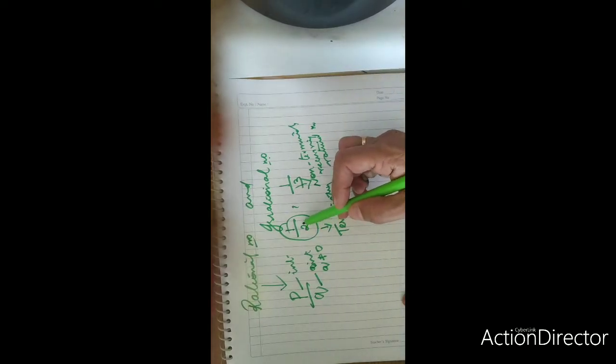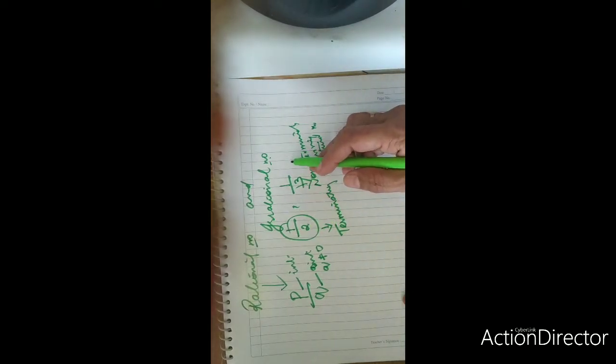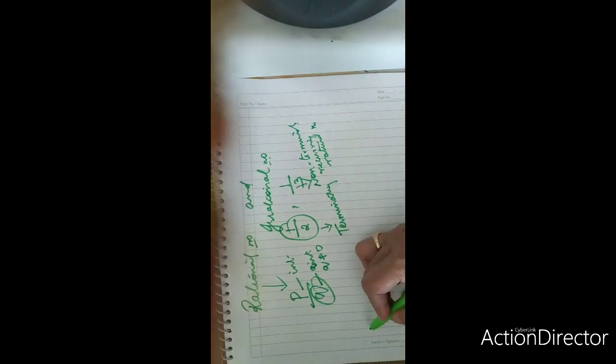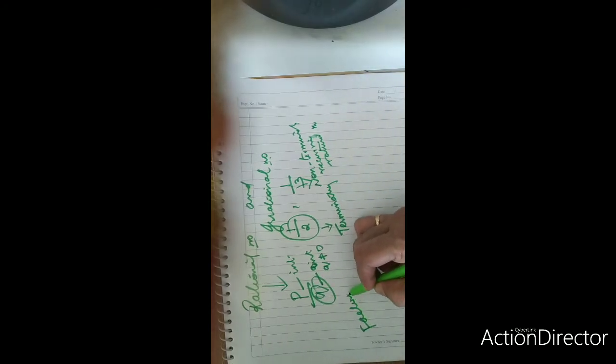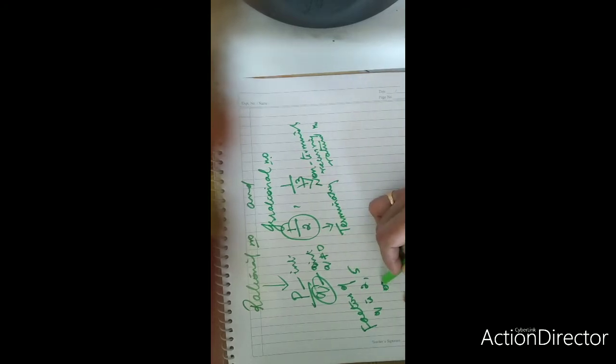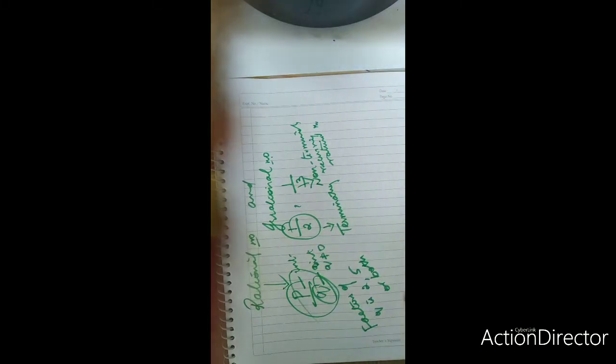You have to factorize the denominator, that is Q. If the factors of Q are 2, 5 or both, then you can say this rational number is a terminating rational number.